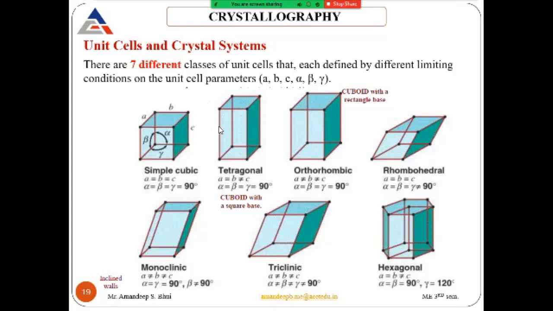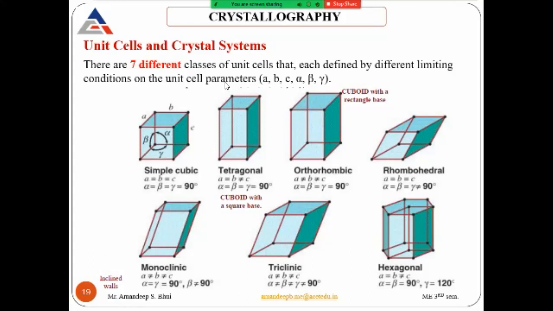And alpha is 90 degrees, beta is 90 degrees, but gamma equals 120 degrees.